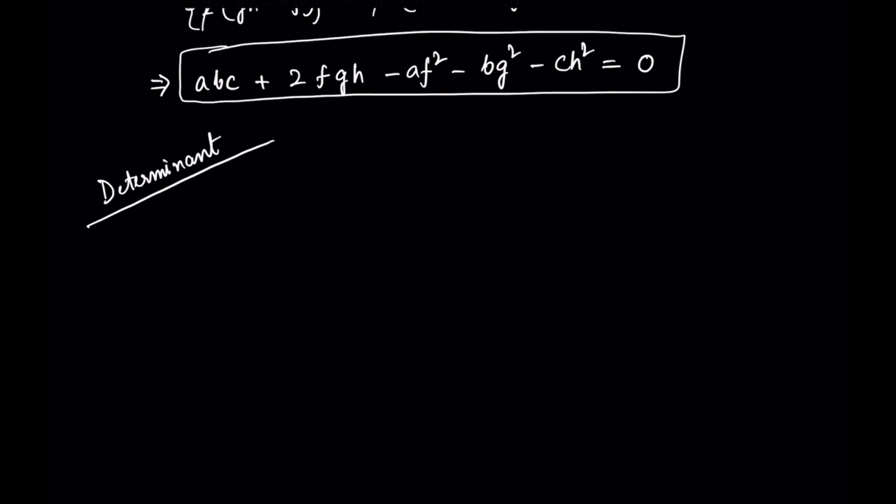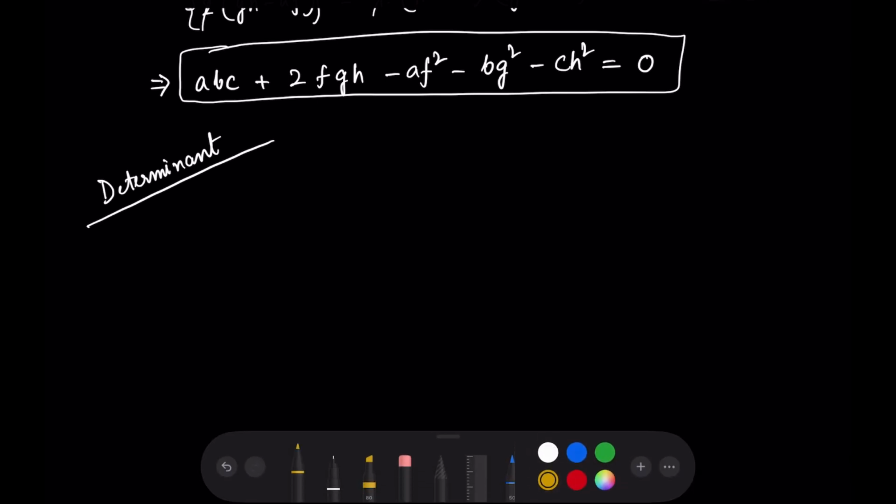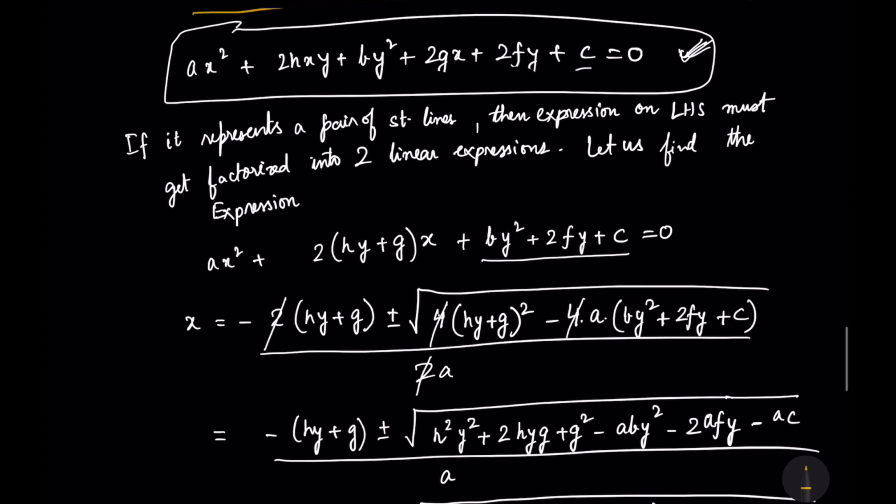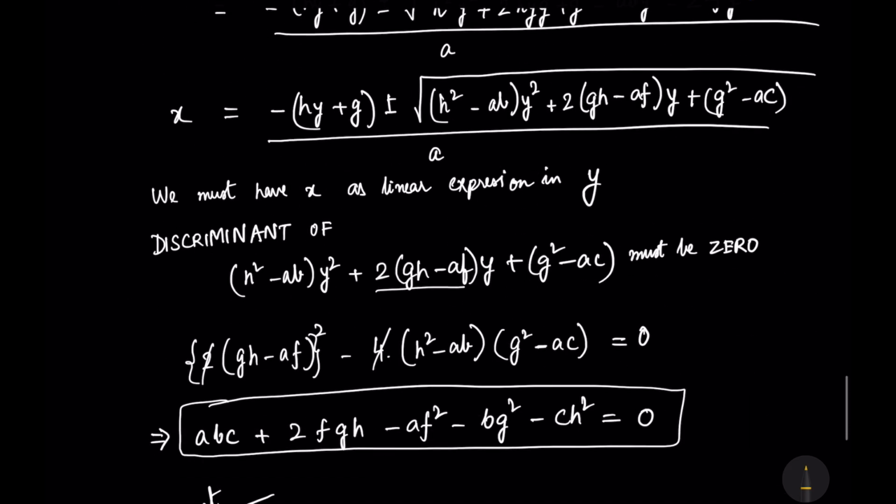So what is the determinant, students? The one thing you need to memorize is that the equation is ax square plus 2hxy plus by square plus 2gx plus 2fy plus c is equal to 0.